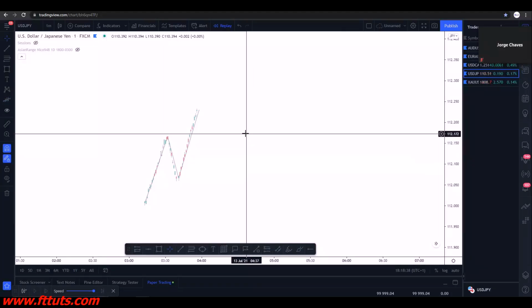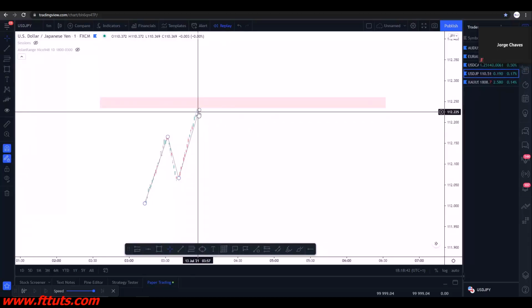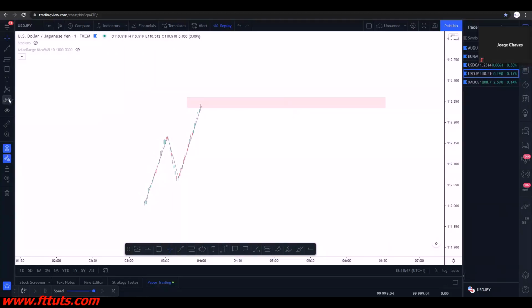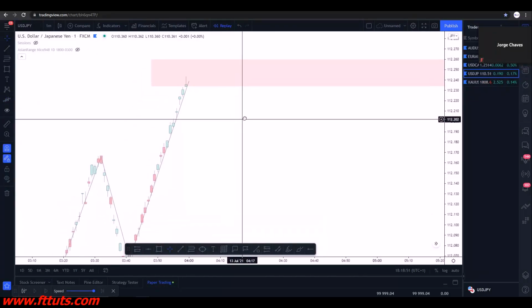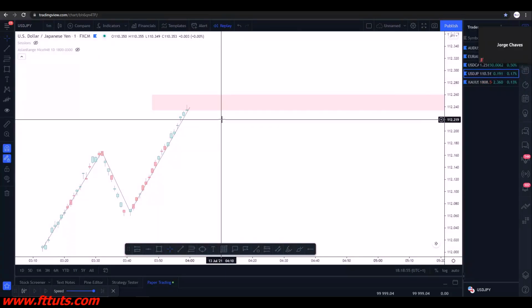Just don't take it. But after price taps into a potential POI, like for example right here, imagine this zone is a strong institutional candle towards the left, as soon as we tap into that zone, that's when you drop down to your 1 minute time frame and look for those breaks of structure, and those breaks of structure allow price to continue going lower, to shift the market, shift the structure.